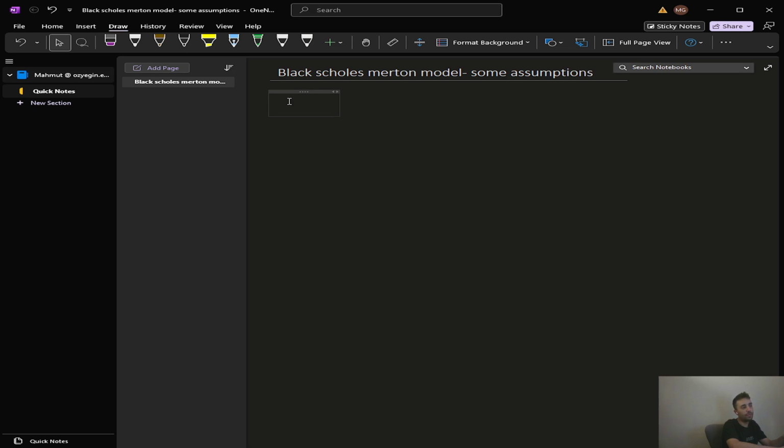You have to know this because the asset price follows a log normal distribution. What does that mean? The underlying asset price follows a log normal distribution. On the next page, I'll give you some content on returns, normally distributed formulas, and the differences between them.